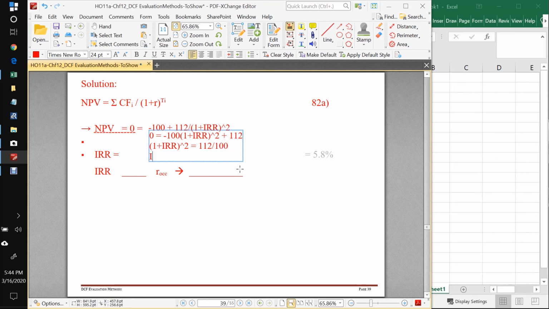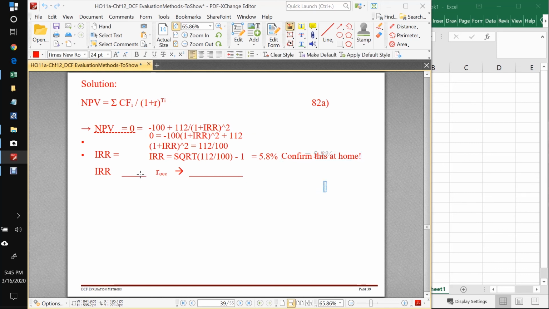And I think from that we can get directly that the IRR is equal to the square root of 112 over 100 minus 1. And if you work that out, you should confirm that you get 5.8%. Okay, so confirm that at home.